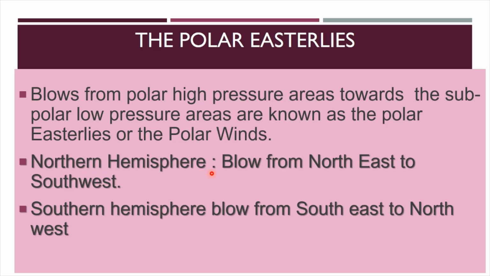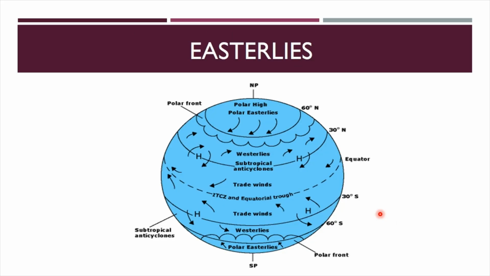In the northern hemisphere, it blows from northeast to southwest. In the southern hemisphere, it blows from southeast to northwest. We can see the diagram for detail. See, this is reflecting north. North means upside, and it goes from east to southwest. South means downside and west side. It goes to the west side. And these are polar easterlies at the south pole, and it goes from southeast to northwest.